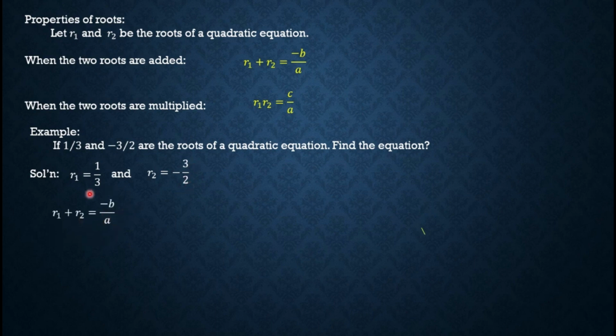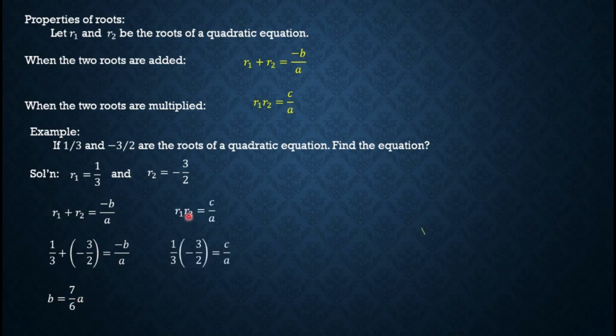We use this formula, r1 plus r2 is equal to negative b over a. Then we substitute r1 and r2. So it becomes 1/3 plus the quantity of negative 3 over 2 is equal to negative b over a, where b is equal to 7 over 6 a. Then r1 times r2 is equal to c over a.